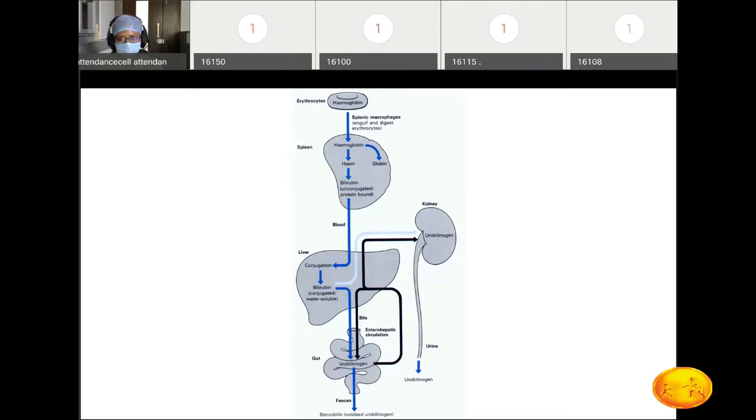So we can see here that if you've got a lot of overproduction of bilirubin, it will be because your RBCs are getting lysed. So more RBCs are getting destroyed by your spleen because of some hemolytic conditions, for example. A lot of unconjugated bilirubin will get produced, and this unconjugated bilirubin would be presented to the liver.